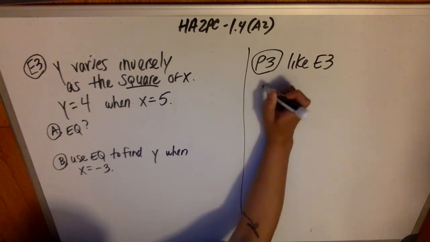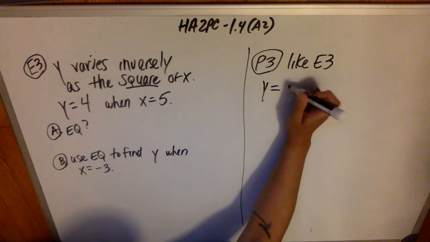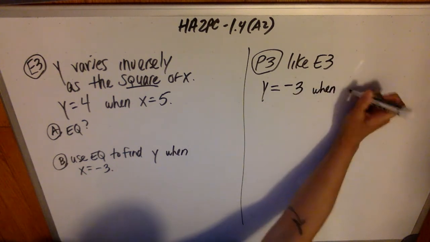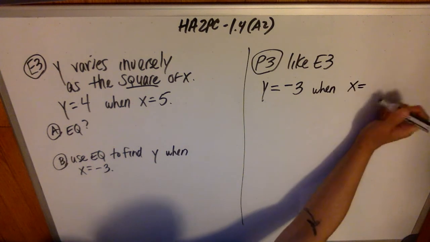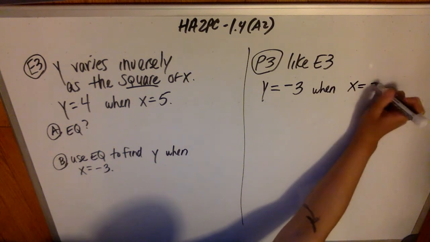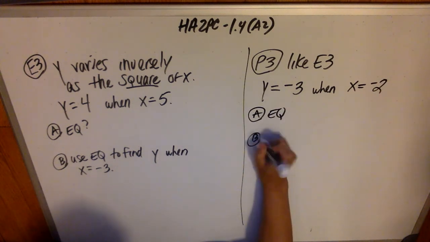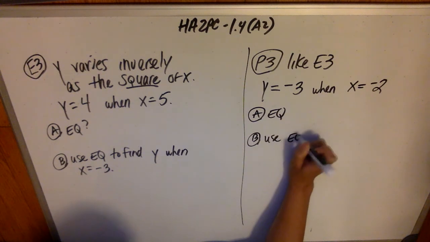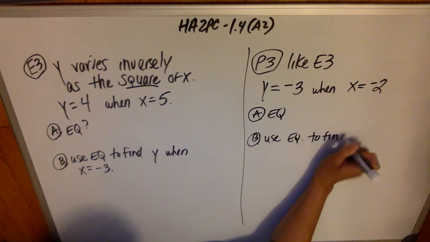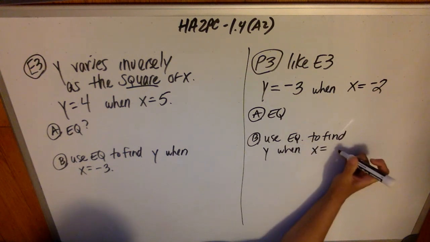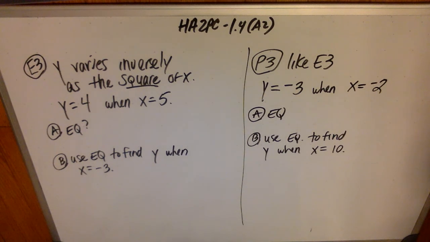We're going to say y equals negative 3 when x equals negative 2. A, I want the equation. B, I want you to use the equation to find y when x is 10. Cool. All right, so let's walk through this.